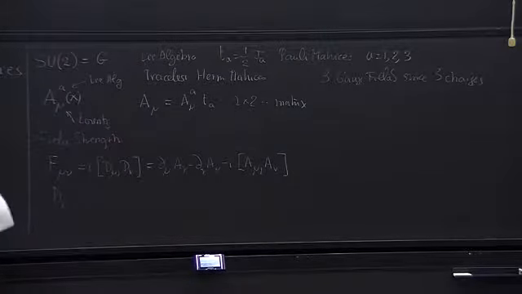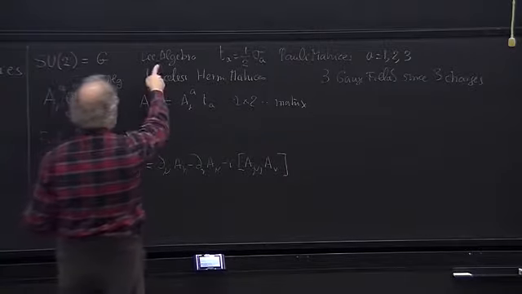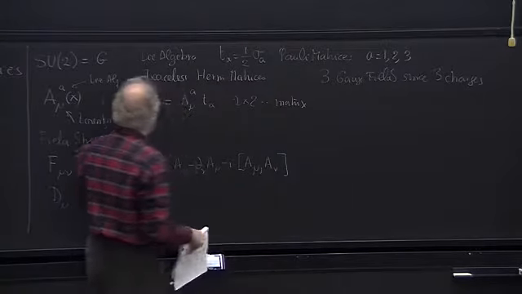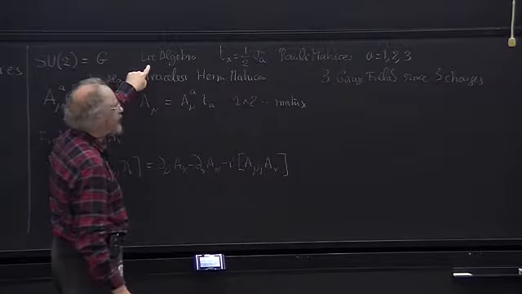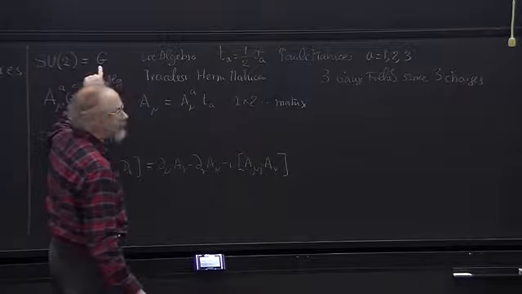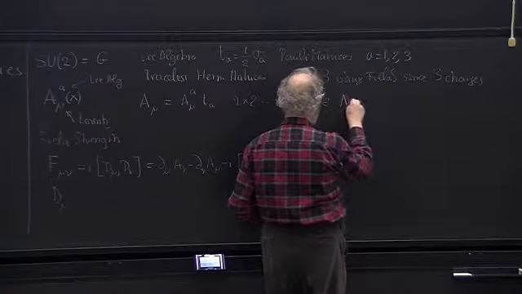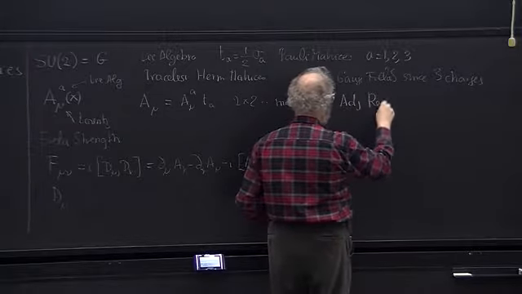And the covariant derivative acting on a field in the adjoint representation. Since A_mu is an element of the Lie algebra, it defines the adjoint representation of G. So A_mu belongs to the adjoint representation.